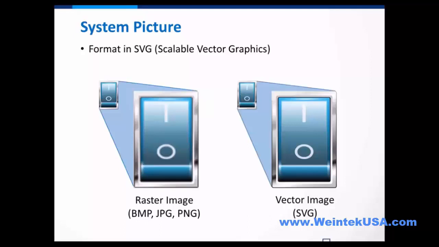So regardless of the size that you made it, it's going to retain the same resolution that it had, and that's very handy, especially when you're changing projects from one size screen to another, so on and so forth. You don't have to go in and redo all your graphics to make them look good.